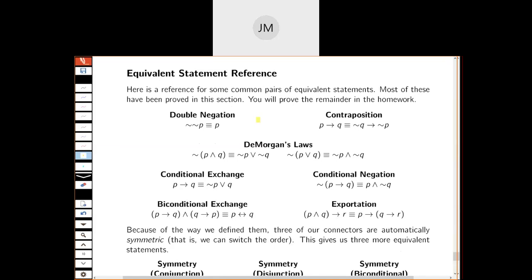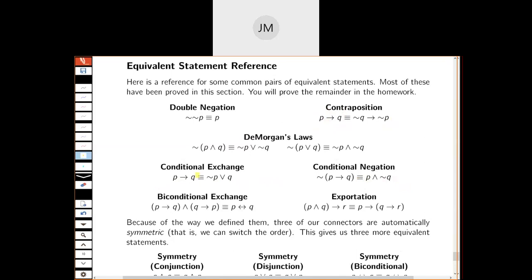But these are really common ones. Like the double negation we started with: a double negative is equivalent to the original statement. The contrapositive is a very common one. The De Morgan's laws, conditional exchange, conditional negation. These are all things, for the most part, that we proved today. Some of these we haven't, and the ones that we haven't are going to be in your homework.